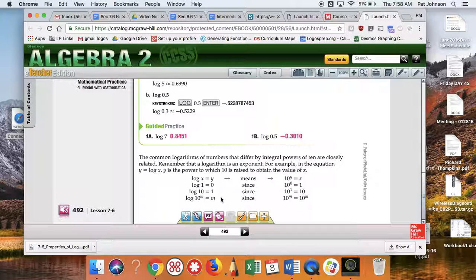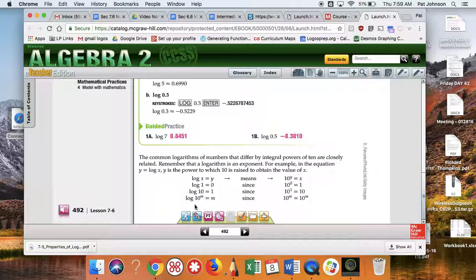They want you to see the relationship, just like 10 to the power of 1, 2, 3 have a special pattern and relationship. So does the logarithm. If I have log base 10 of x equal y, that says 10 raised to the y equals x. The common log of 1 is 0, since 10 to the 0 equals 1. The common log of 10 is 1, since 10 to the first equals 10.